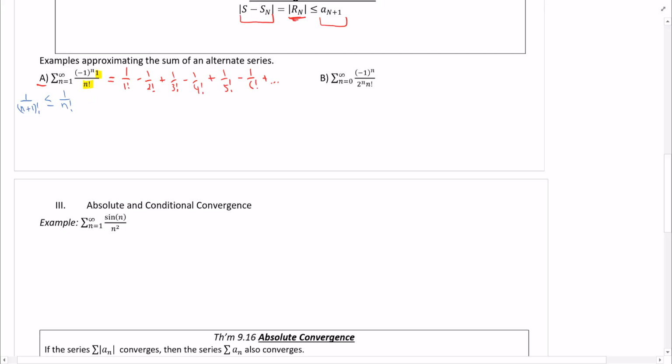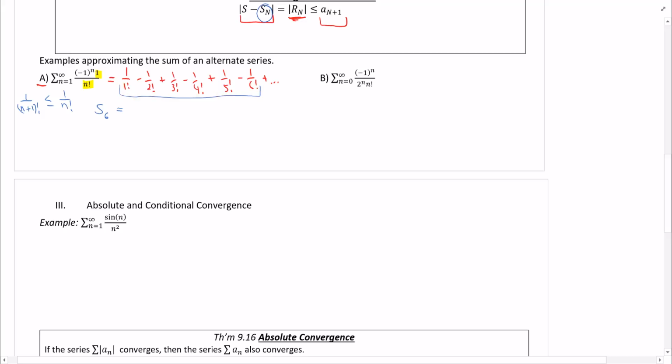So how can we estimate what it converges to? Well, what we can do is find S sub n. Let's estimate using the first 6 terms in this case, and the instructions would tell you how many terms to use. So S sub 6 is the partial sum of the first 6 terms, which means we just add up these first 6 terms, right?